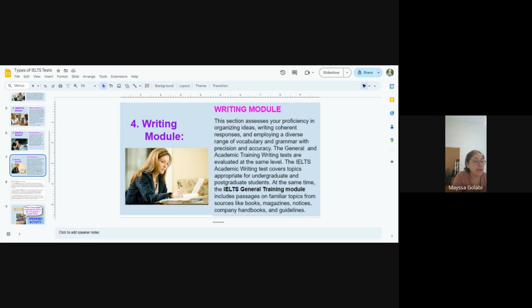The general and academic training writing tests are evaluated at the same level. The IELTS Academic Writing Test covers topics appropriate for undergraduate and postgraduate students. At the same time, the IELTS General Training module includes passages on familiar topics from sources like books, magazines, notices, company handbooks, and guidelines.